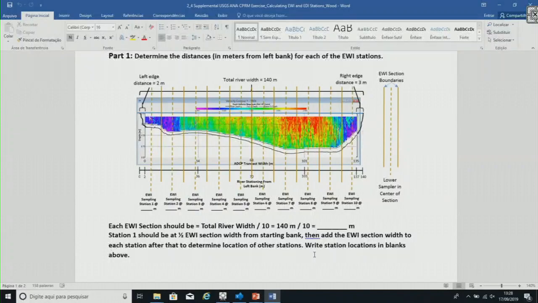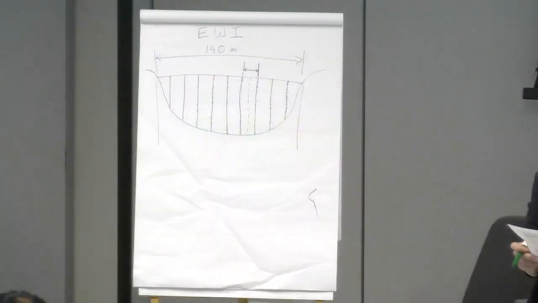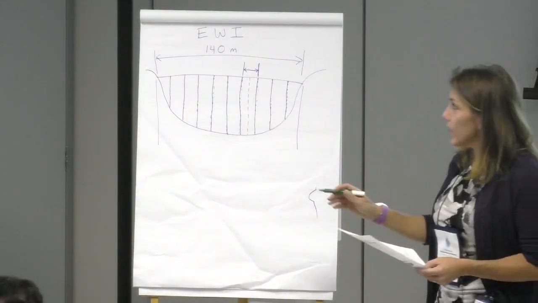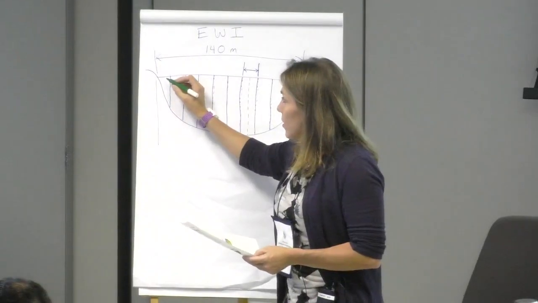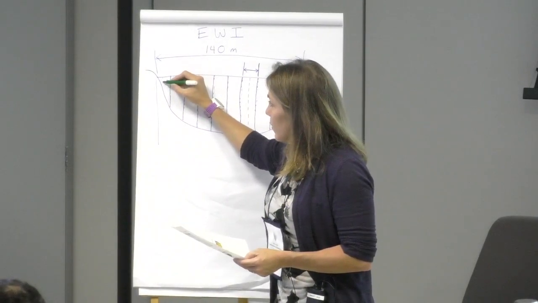We had a total width of 140 meters. We decided to divide that up into 10 sections of equal width. So what is going to be my width per section? 14 meters, okay?